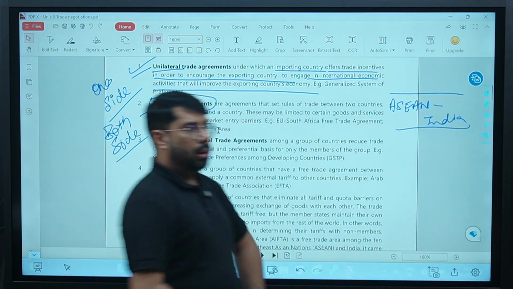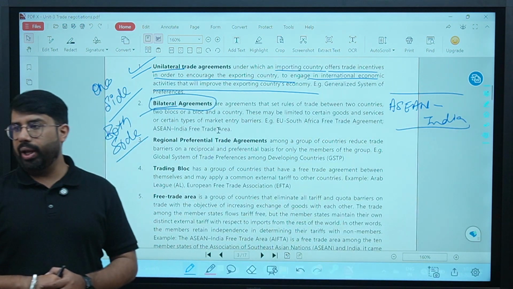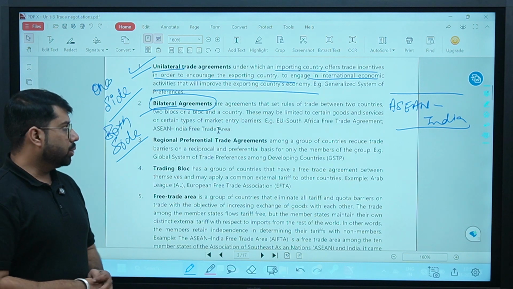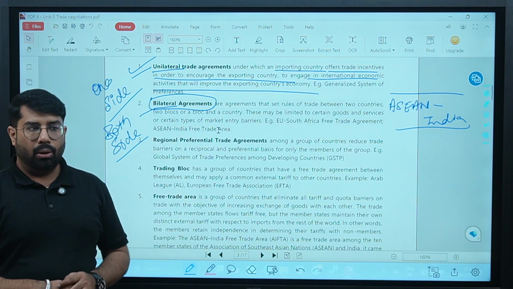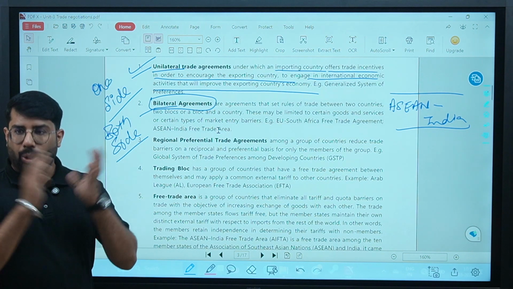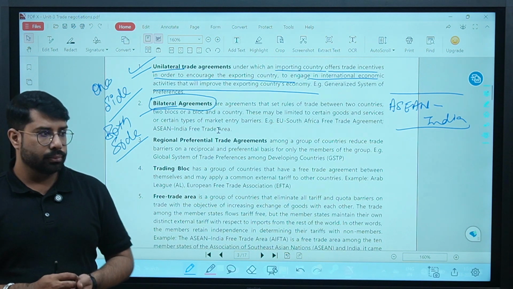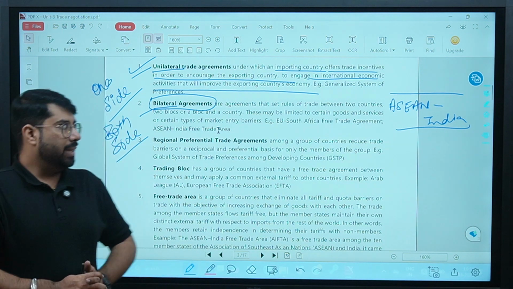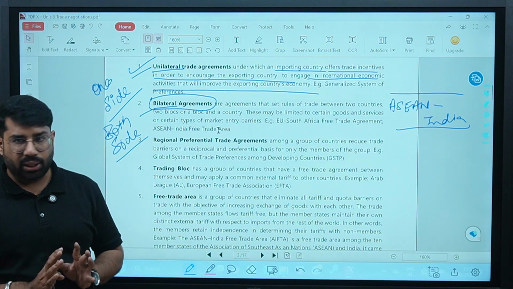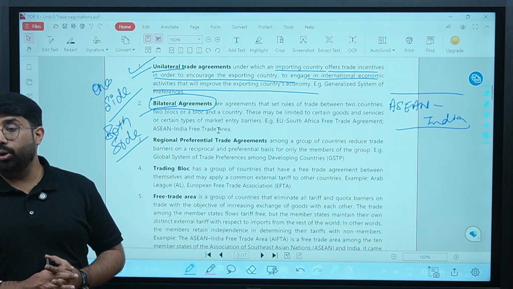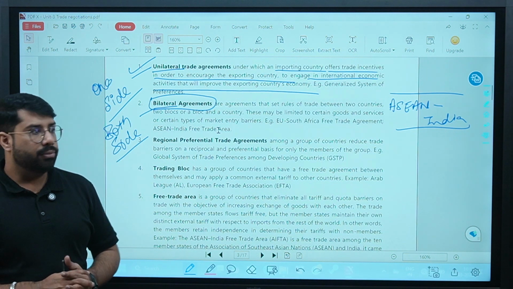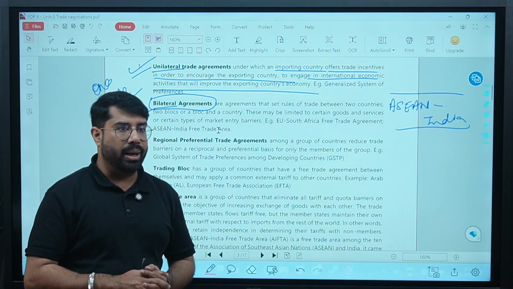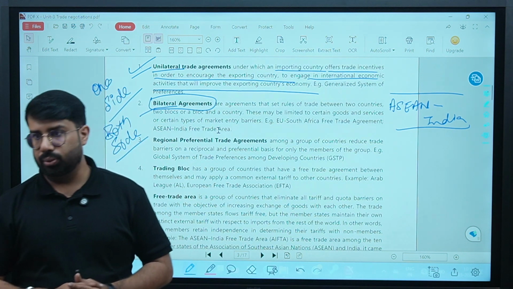ASEAN is the Association of Southeast Asian Nations. It is an association where the member countries belong to Southeast Asia. Are we clear? So ASEAN and India. India is not a member of ASEAN first of all, but India is a very good friend of ASEAN. In fact, India has hosted many meetings of ASEAN members also.